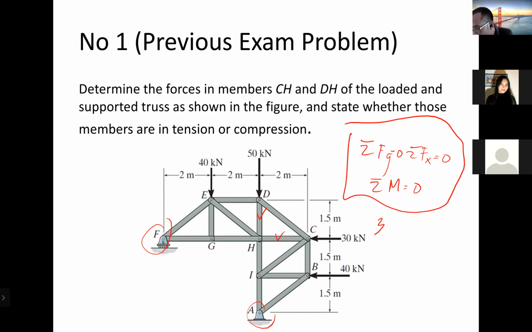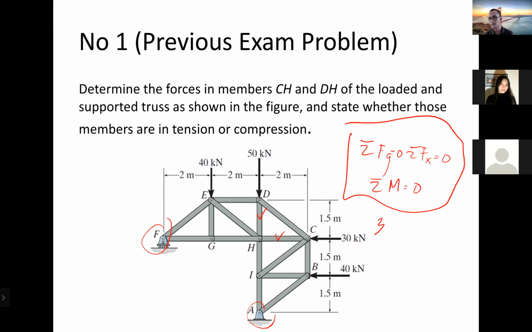like what Omar said at the beginning, it is very hard to find three members here that we can cut in order to solve BH and CH directly, right, Omar? Yes, sir. Then, does anyone here have any idea on how to solve this? Please help Omar.